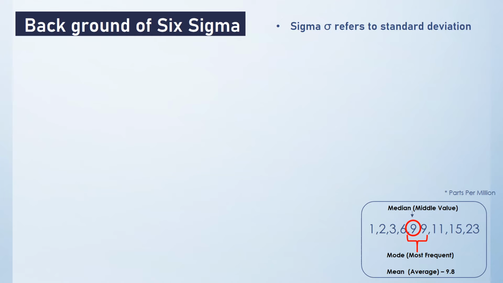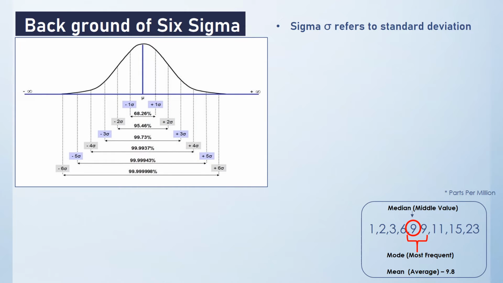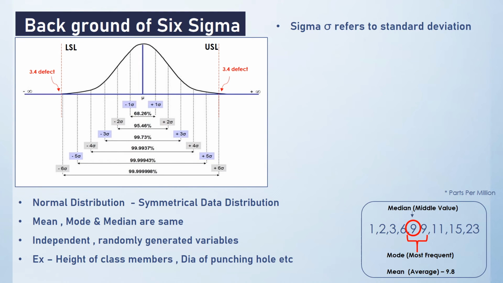If you are taking data, say plotting 50 readings of any machined product dimension, this will form a graph like this. That is called normal distribution, because the data will be normally distributed on both sides of the mean. Mean means the average of the readings taken. In the normal distribution curve, the area of the curve is divided with units of sigma.